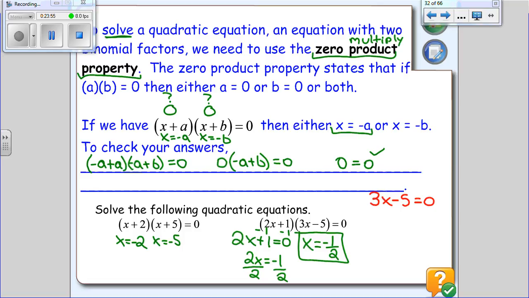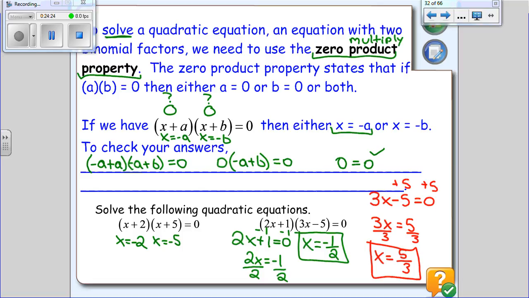So 3x equals 5. And then I'm going to divide both sides by 3. So x equals 5 over 3. That's my second answer. Both answers are correct. Both answers work. Both answers you'll need on a test.